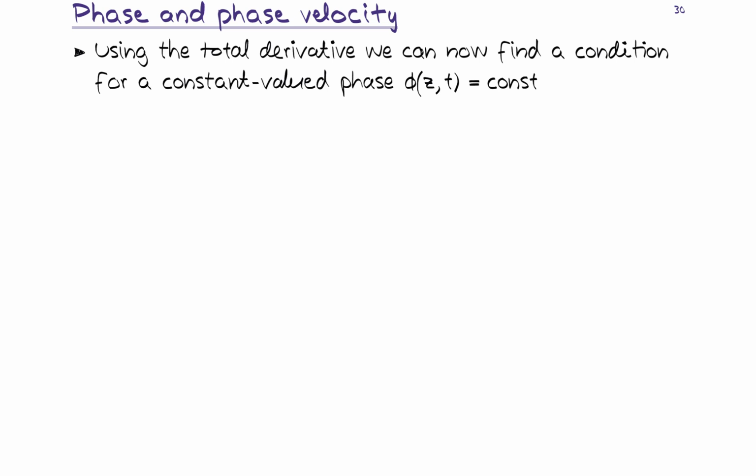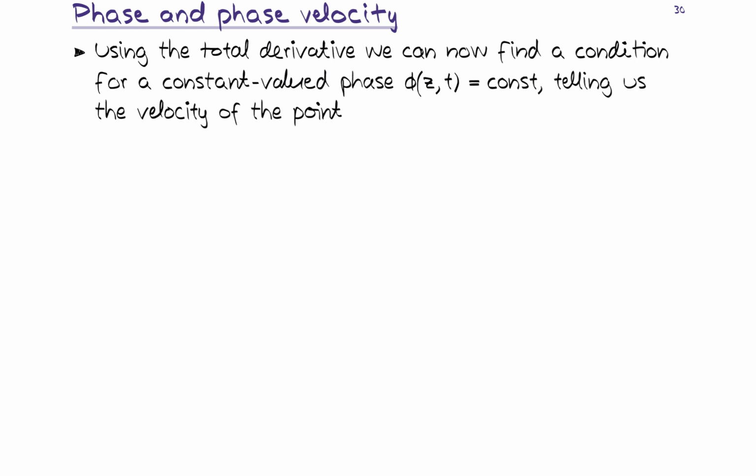And this is exactly what we want to do, because when this condition applies, then we know that the mathematics gives us the way to understand how this point where we have the same phase propagates.